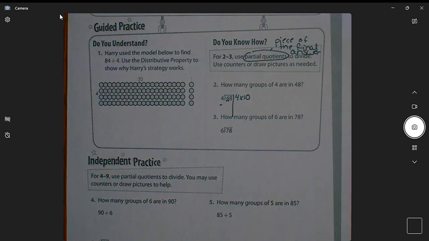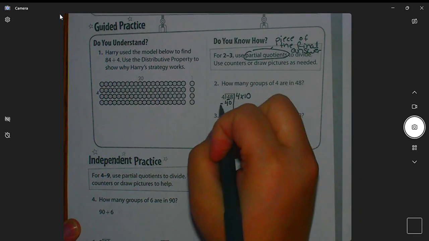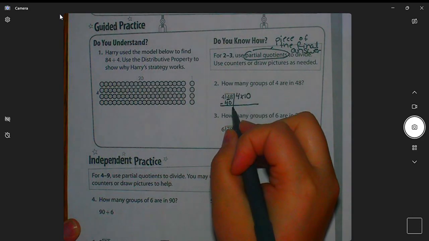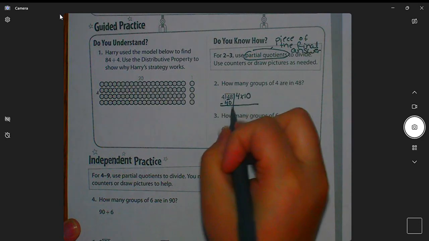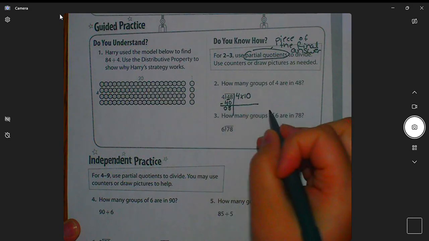If I'm not too sure, I can count by tens. 10, 20, 30, 40. So 40, take away 48 gives me 8. And then I'm going to put a 0 there so my brain can see that.